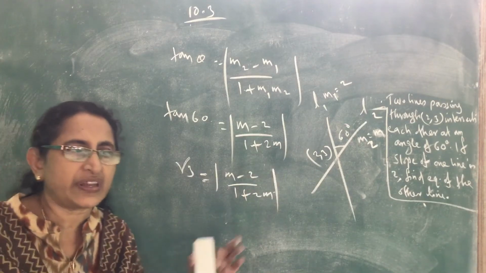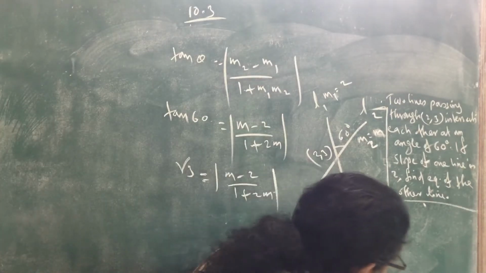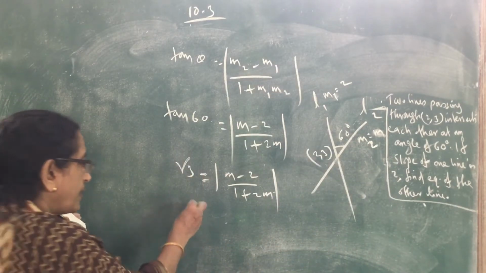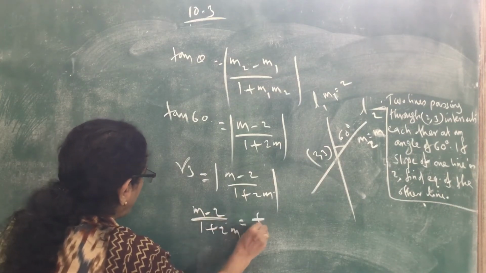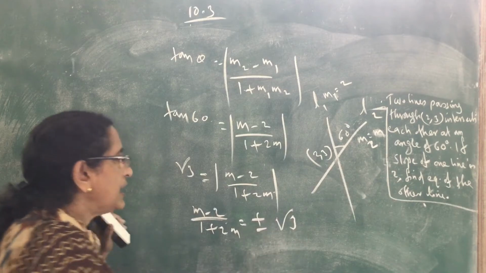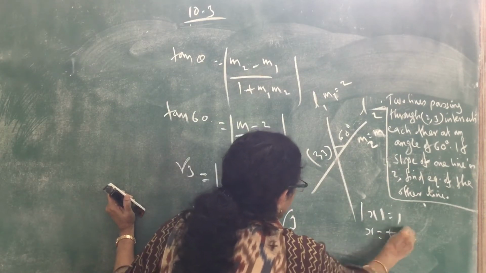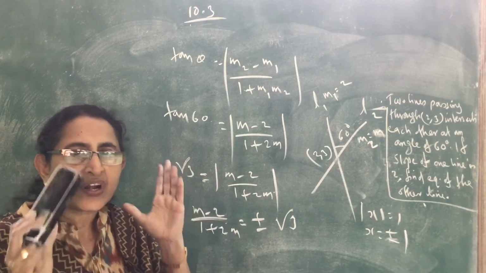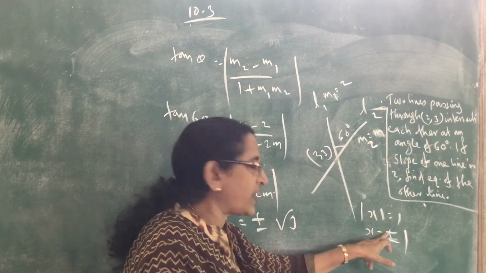Now when the modulus value is root 3, we have to consider both cases, that is plus or minus. Therefore (m minus 2) divided by (1 plus 2m) equals plus or minus root 3. See, if modulus of x is equal to 1, that means x can be plus 1 or minus 1.